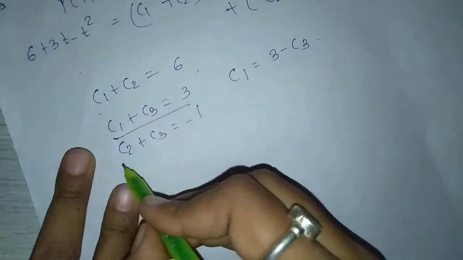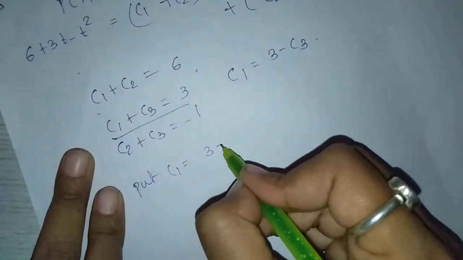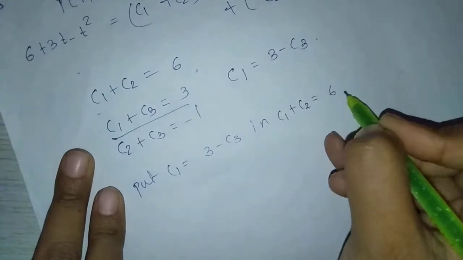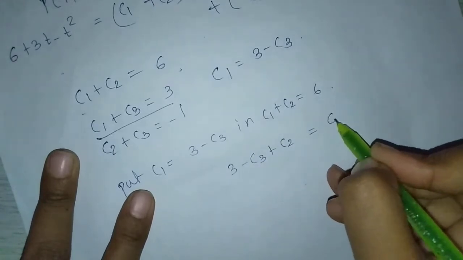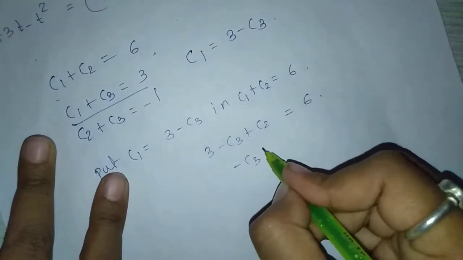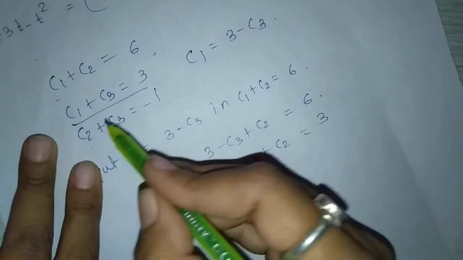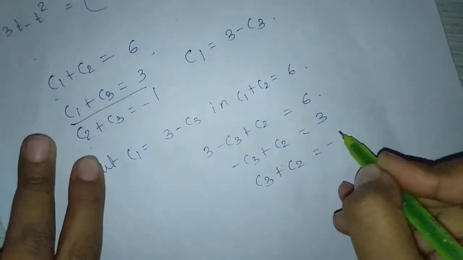Now put C1 equal to 3 minus C3 in C1 plus C2 equal to 6, we get 3 minus C3 plus C2 equal to 6, means minus C3 plus C2 equal to 6 minus 3, which is 3. Next write this equation: C2 plus C3 equal to -1.